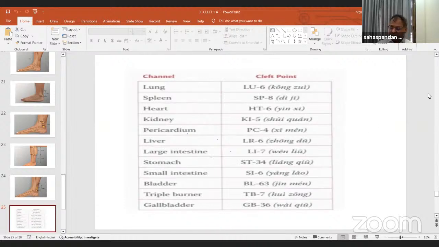So these are the Xi-Cleft points on the 12 meridians.